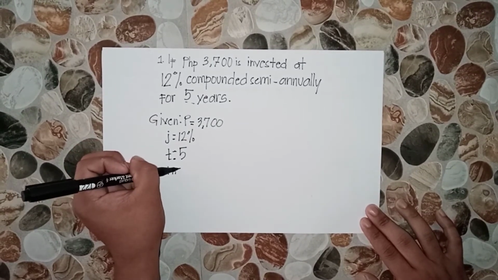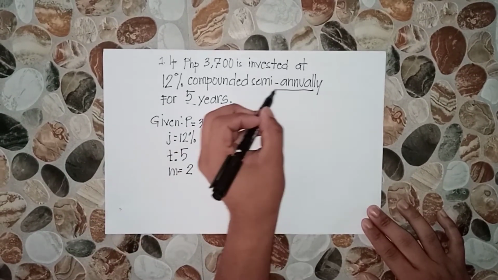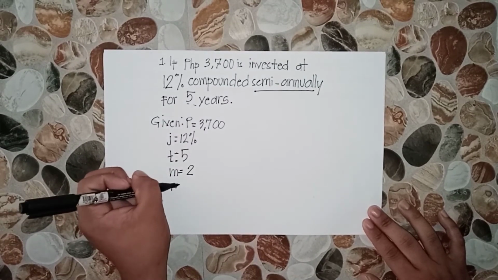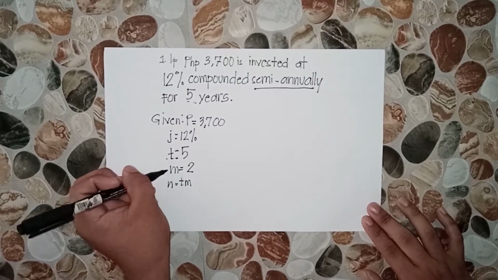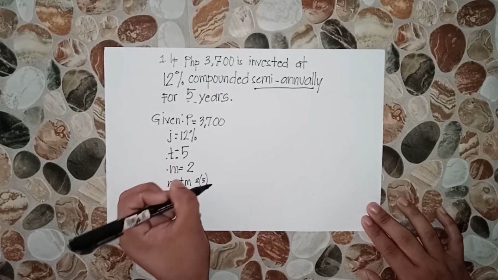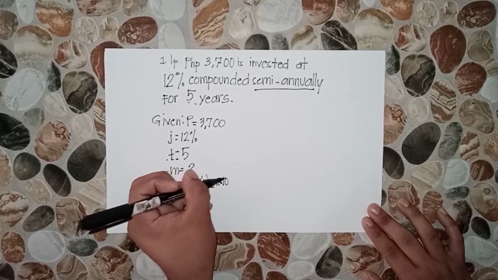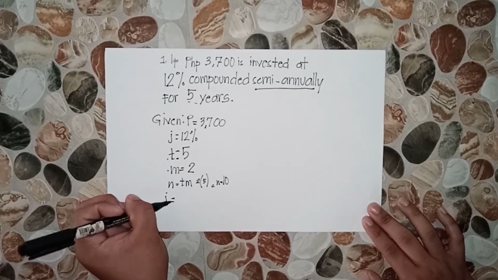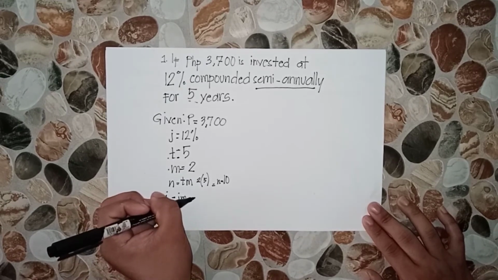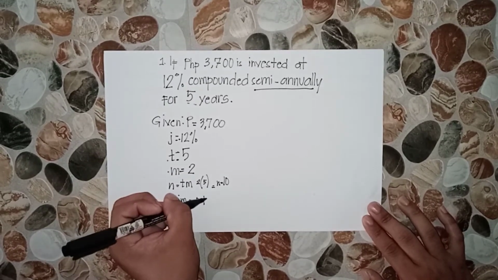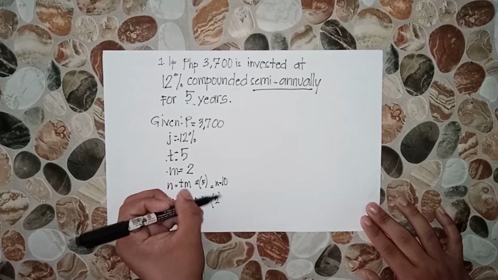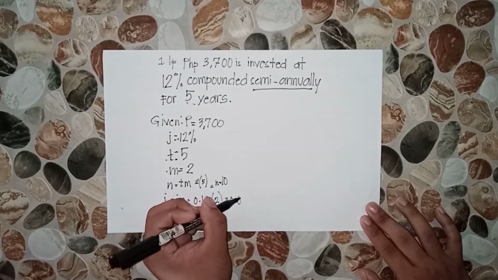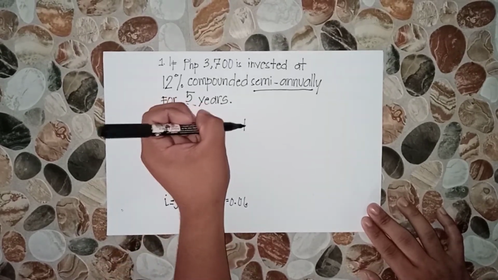M, or the number of conversions per year, is 2 because of the word semi-annually. N equals t times m, where 2 times 5 equals 10. Our i is j over m, or 0.12 over 2, which equals 0.06.